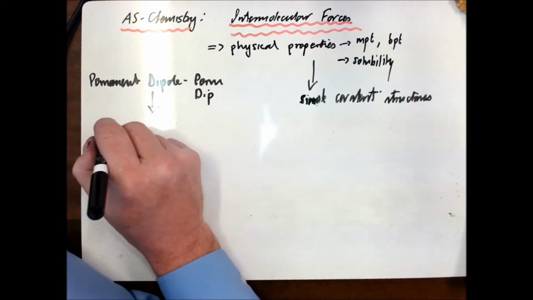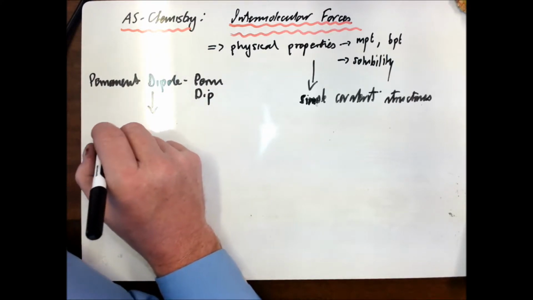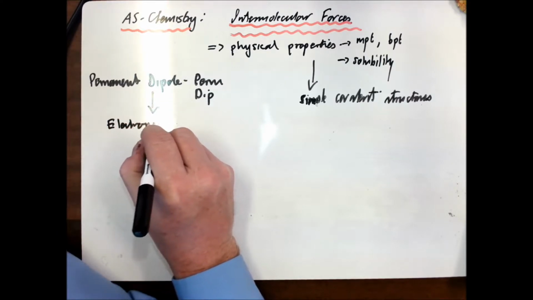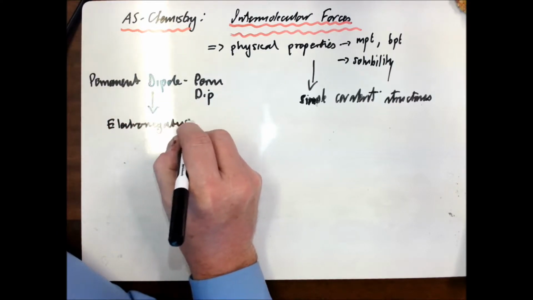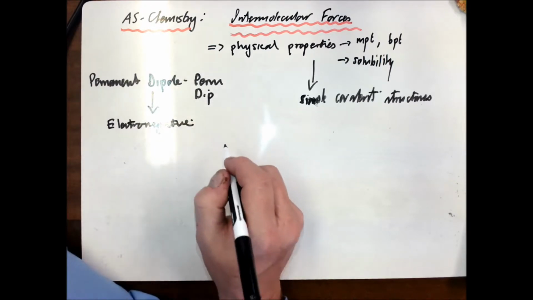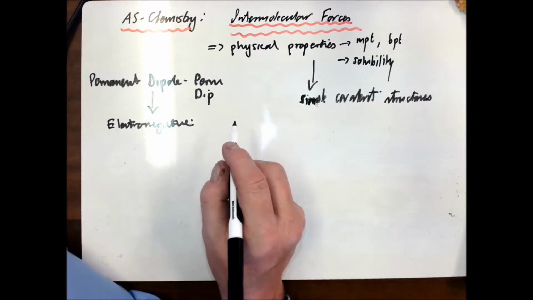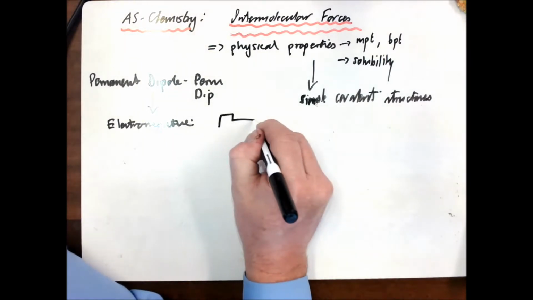So we're looking at things which have a significant difference in their electronegativity. Differences in electronegativity are going to be important in predicting whether something has or has not got a permanent dipole in it.